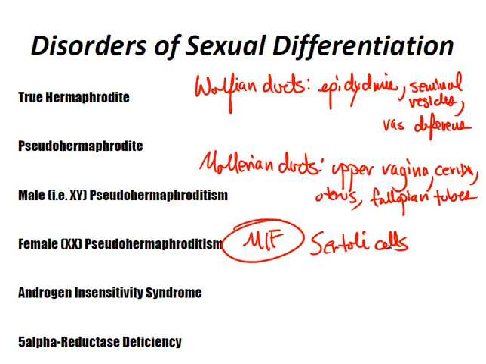Now, fetal testosterone drives Wolffian duct development, because the Wolffian duct is responsible for the epididymis, the seminal vesicles, and the vas deferens, mostly the male parts. So fetal testosterone comes from the Wolffian duct development. Now, fetal dihydrotestosterone, or DHT, which is the active form of testosterone, comes from the prostate.